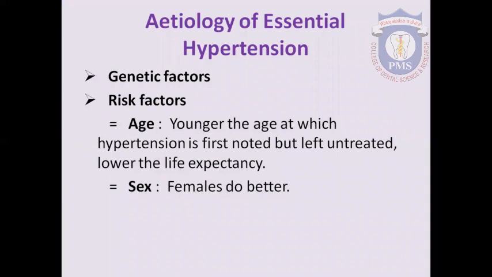Etiology of essential hypertension. Genetic factors play an important role. Other risk factors include age. Younger the age at which hypertension is first noted but left untreated, lower the life expectancy.